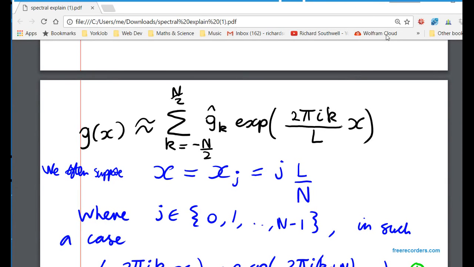So if you forget about the actual value that k is taking, the point is that you're going to have n of these different exponential functions, each multiplied by a constant, for a set of n different k values.